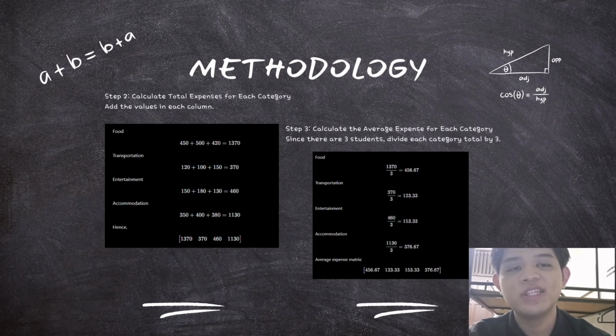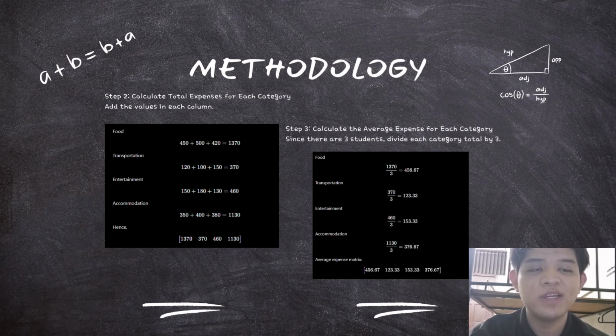Moving on to step 2, which is to calculate total expenses for each category. You need to add the values in each column. From the slide, food is 450, 500, 420. If you total everything together, it will be 1370. Next is transportation. The calculation is 120 plus 100 plus 150, so it will be 370.